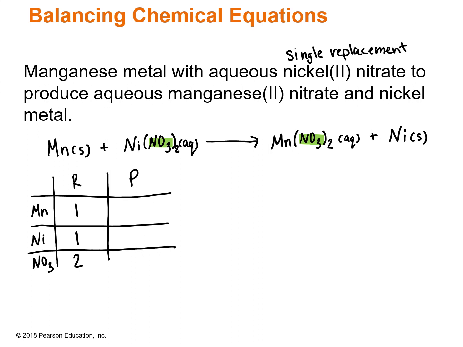I look at the product side, excuse me. I've got 1 manganese, 2 nitrates, and 1 nickel. So this one is already balanced. And my coefficients are 1, 1, 1, and 1.